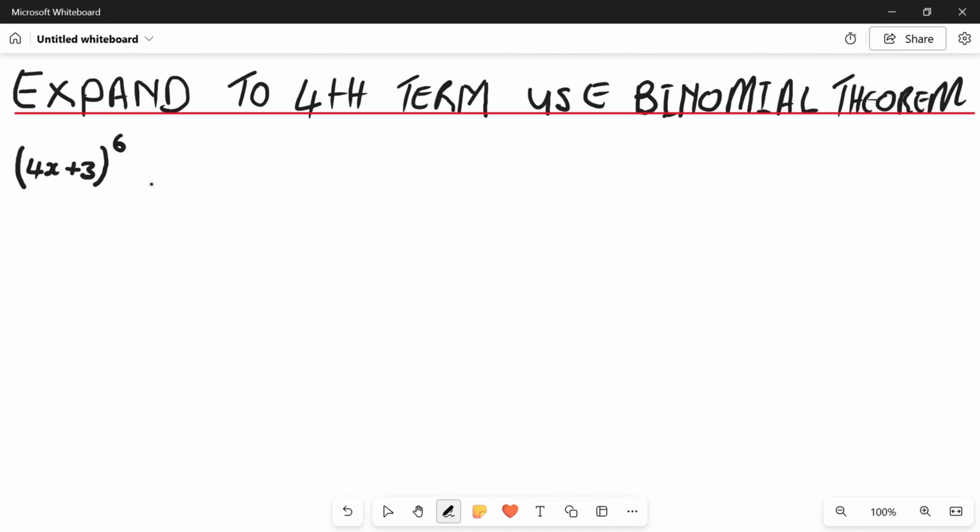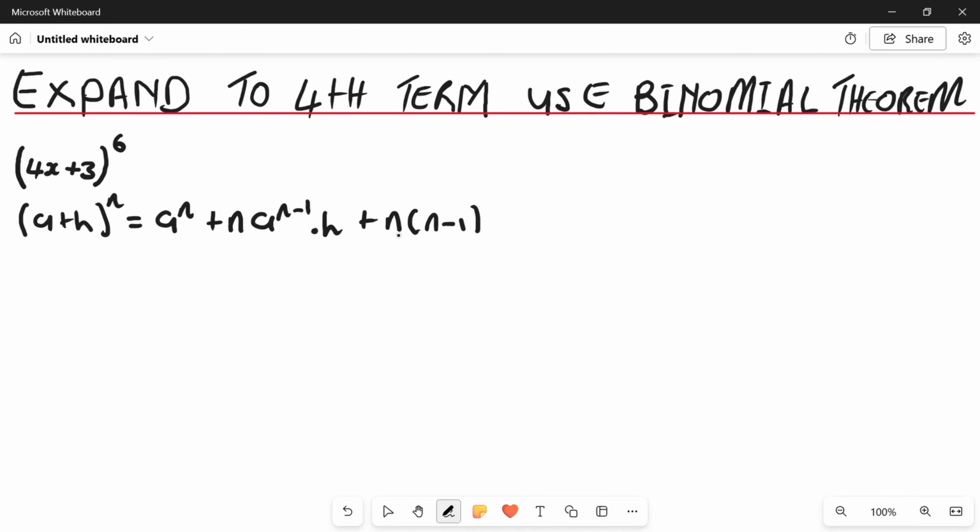Right, so when we expand, obviously it's going to be a to the power of n plus, then the second term is going to be n multiplied by a to the power of n minus 1 multiplied by h, and the third term is going to be n multiplied by n minus 1 divided by 2 factorial multiplied by a to the power of n minus 2 multiplied by h squared.